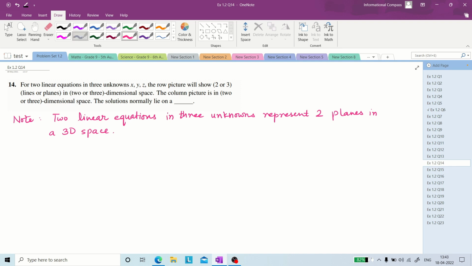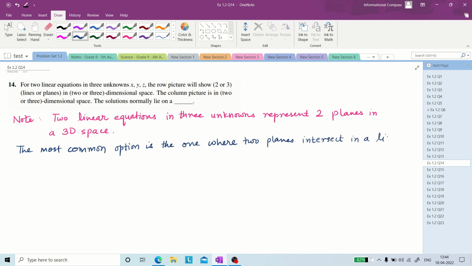So the most common option is the one where 2 planes intersect in a line. In such case, what happens? Try and infer.